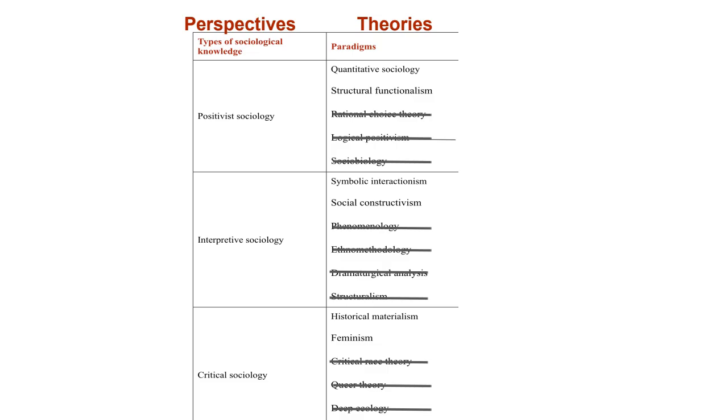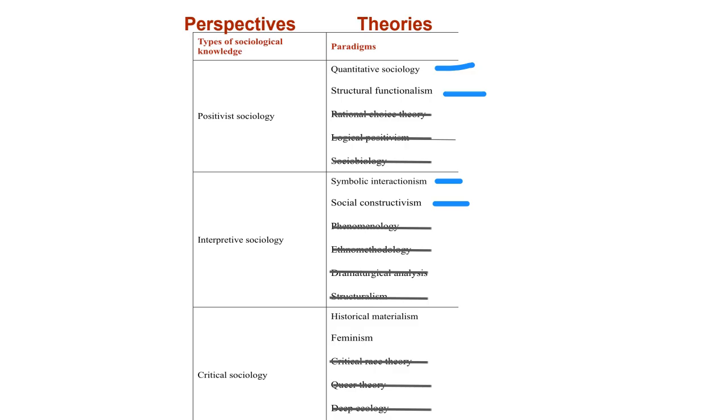So for the first, positivist sociology, Little talks a little bit about quantitative sociology, as well as structural functionalism. I'll do a video specifically just on structural functionalism here. Then for the second perspective, interpretive sociology, we have symbolic interactionism and social constructivism. And I believe I'm going to talk about both of those in a video.